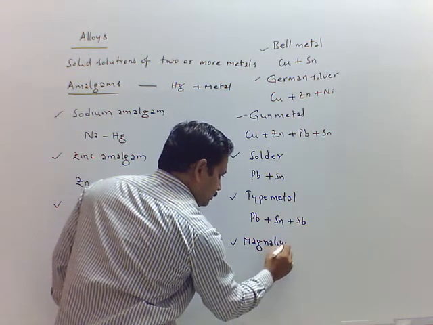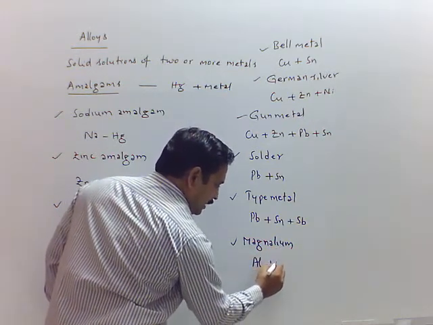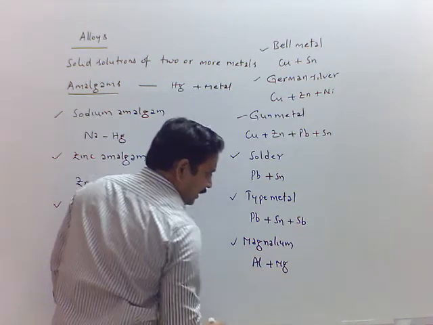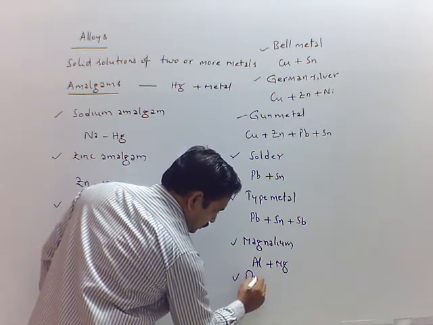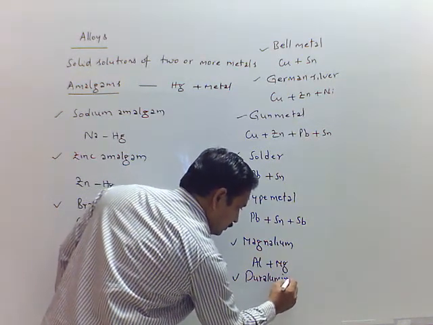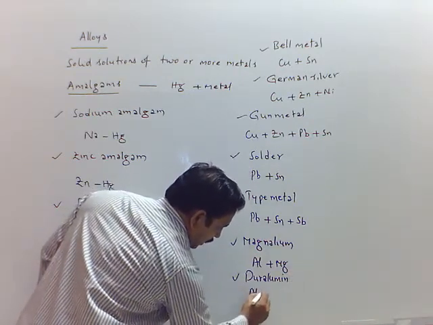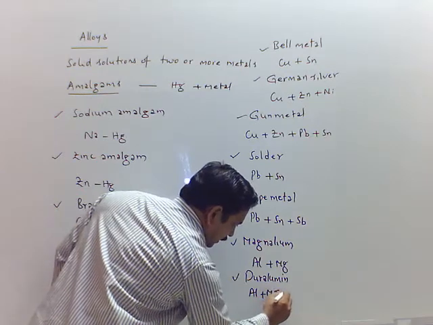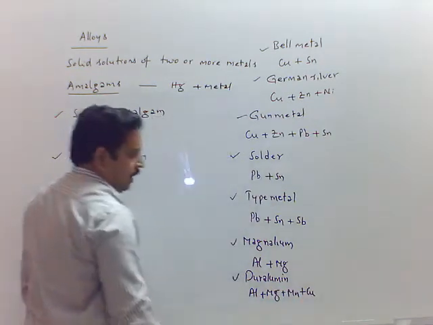Magnalium: aluminum 95%, magnesium 5%. Duralumin: aluminum, magnesium, manganese and copper.